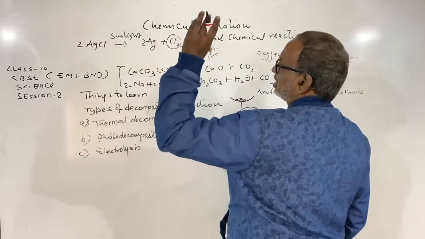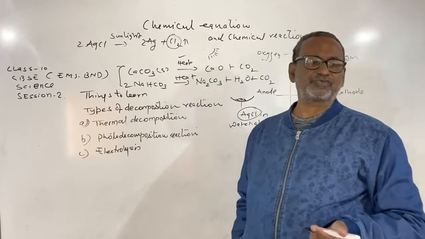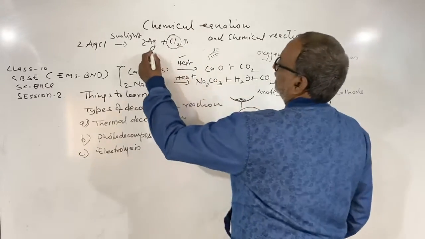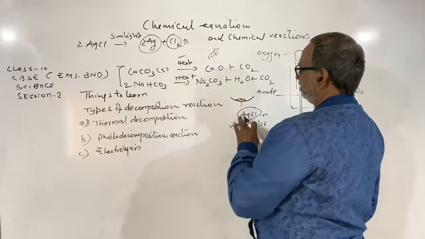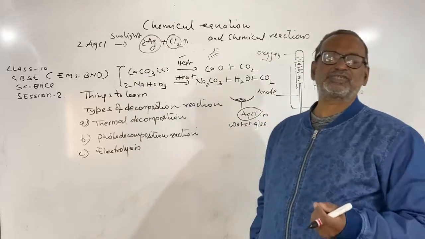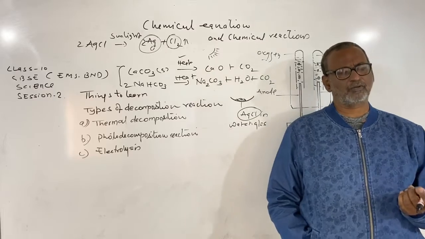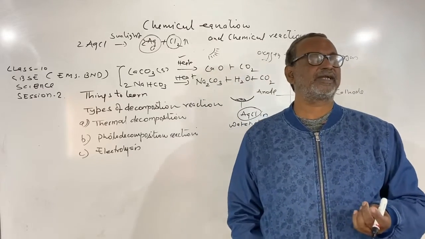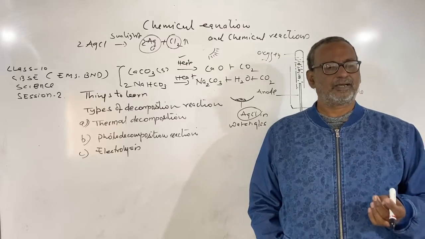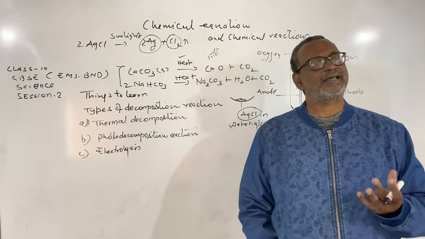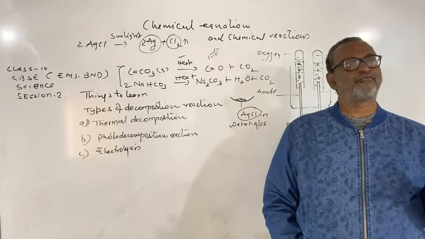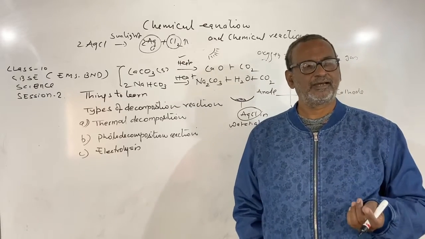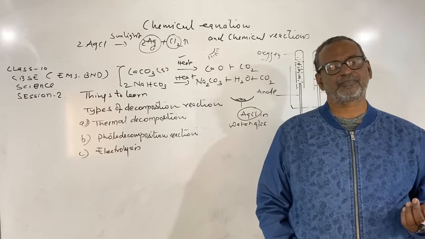Chlorine gas escapes into the atmosphere, leaving behind a grayish metal in the watch glass, which is silver. Actually, silver halides, silver chloride, silver bromide and silver iodide are light sensitive. When they are exposed to sunlight, they are decomposed.